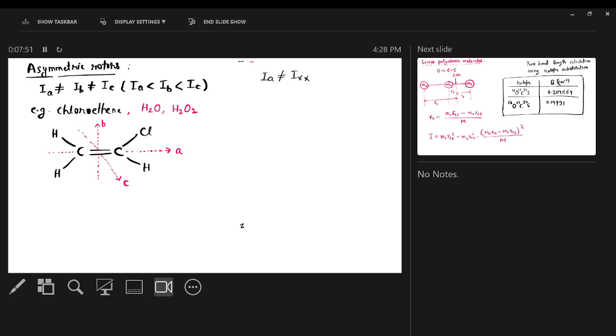But here this tensor IA need not be equal to IX. We have to follow the condition IA less than or equal to IB, which is less than or equal to IC. So keep in mind, this one also need not be equal to IYY, and this one need not be equal to IZZ. It can be, but not necessarily.